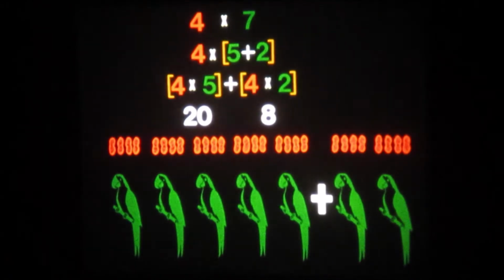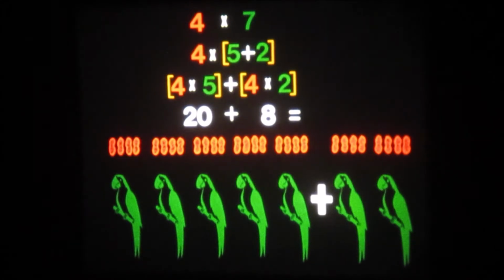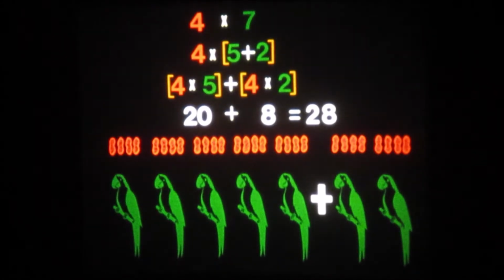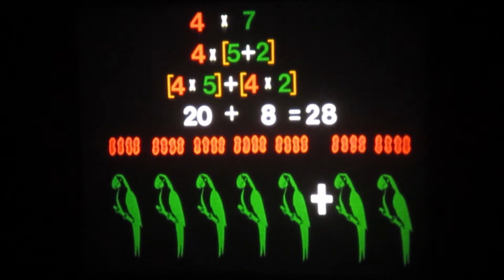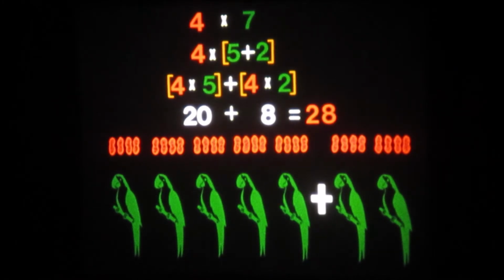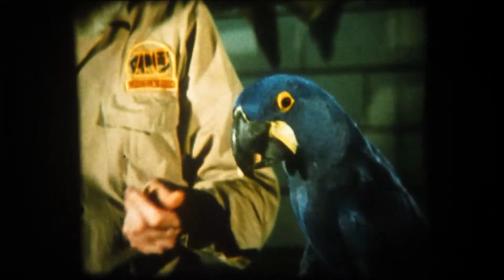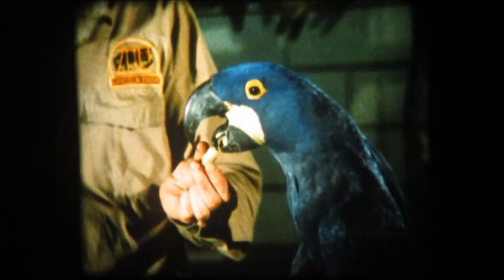Then we add 20 and 8. So now we know that if each of 7 macaws is to receive 4 peanuts, the keepers will need 28 peanuts altogether. That's a lot of peanuts.